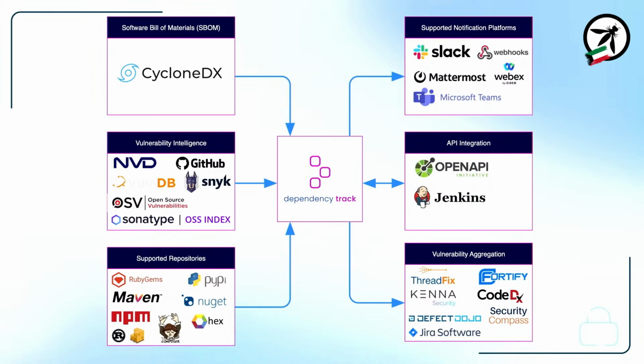For vulnerability intelligence, there are a lot of databases like NVD, GitHub Advisory, OSV, and so on. It has supported repositories to identify outdated components. It supports also notifications, API integration, and vulnerability aggregation.